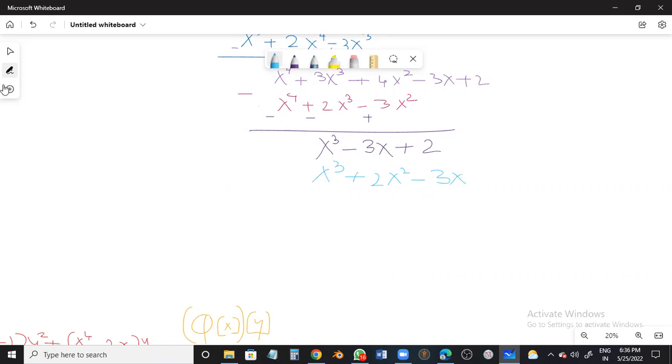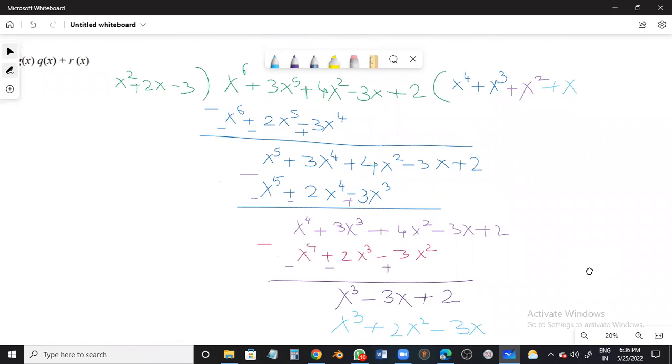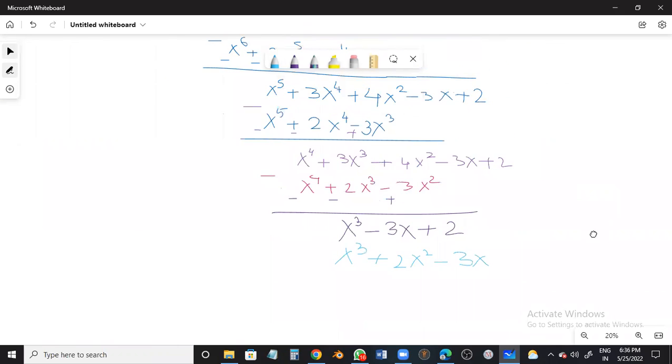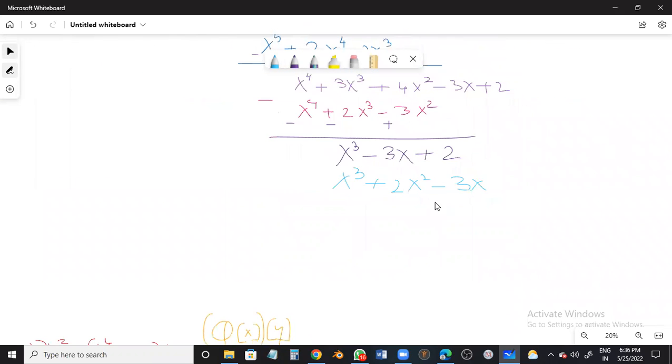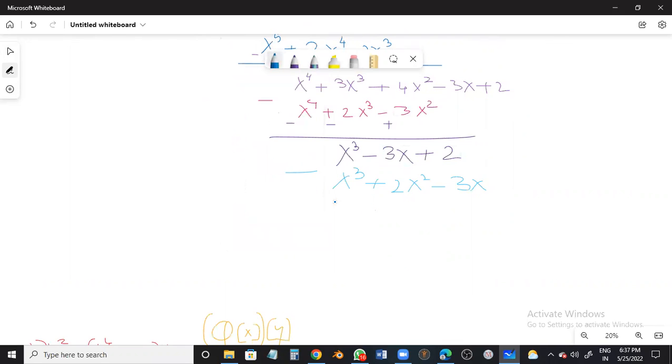Let us once again check whether we have written correctly: we multiply by x, so it is x cube, 2x square and minus 3x. Now we are subtracting here, so we have to change the signs. This is minus and here it is plus. So what do we get? Minus 2x square is there.